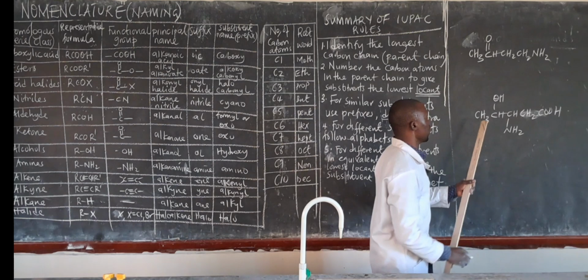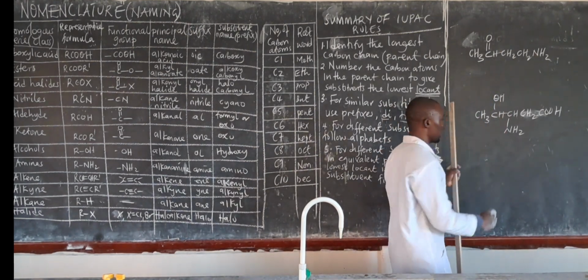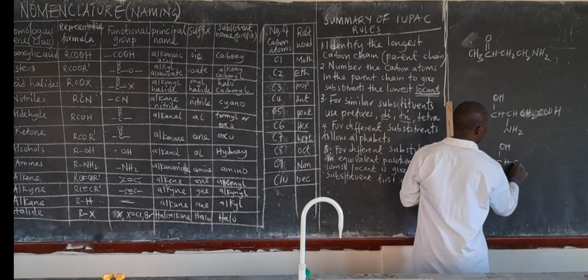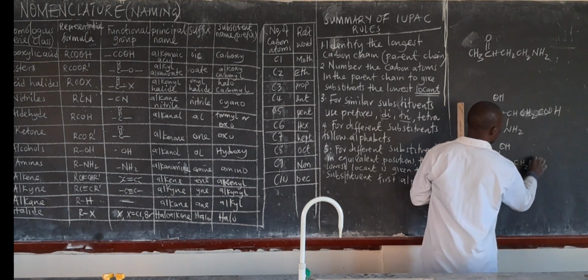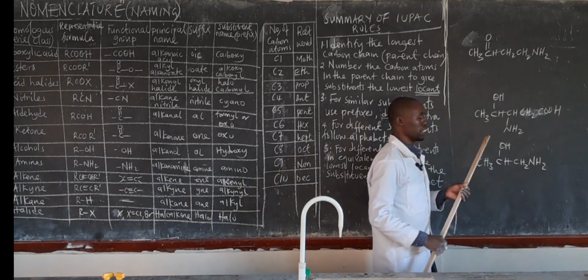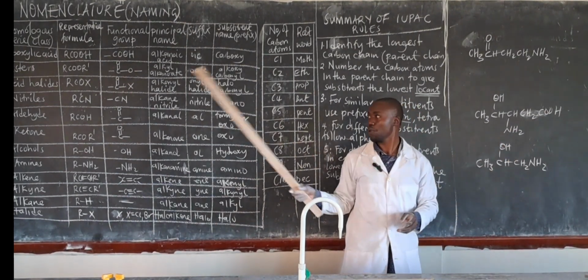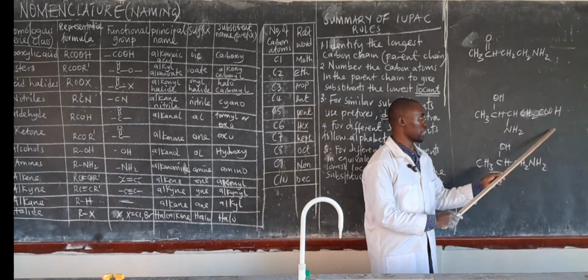So here, if we are looking at these functional groups, let me put another minor group here. So the emphasis would be which one do you make first priority? From our priority group here, we see that the carboxyl group takes priority.